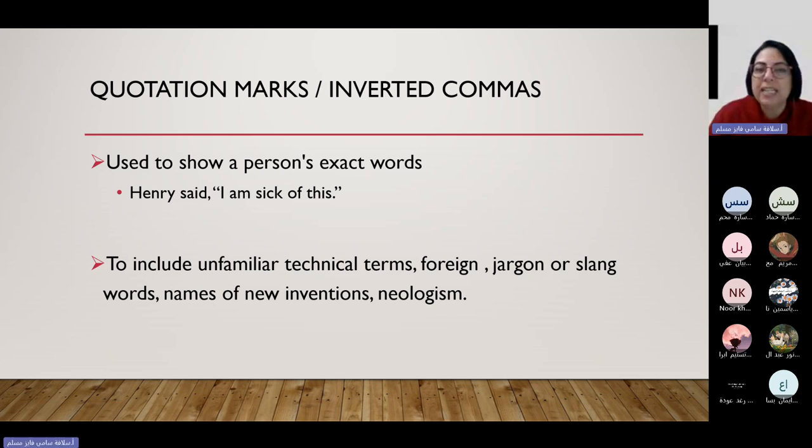Okay? Henry said, "I am sick of this." Between quotation marks. يعني أنا ما غيرت إشي في هاي الجملة. هاي الجملة قالها هنري زي ما هي بالضبط. ما صار عليها أي تعديل.